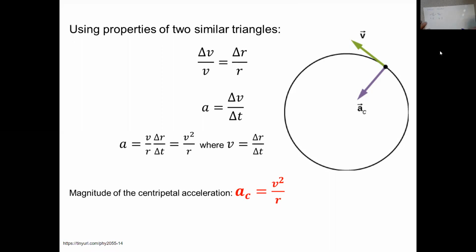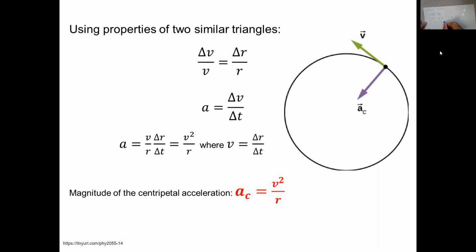Now, if you remember, when we get the velocity from the definition, it should be equal to delta r over delta t, right? So then this will give you velocity v. So then this is equal to v times v over r, okay, and then this is equal to a. So acceleration is equal to v times v over r.